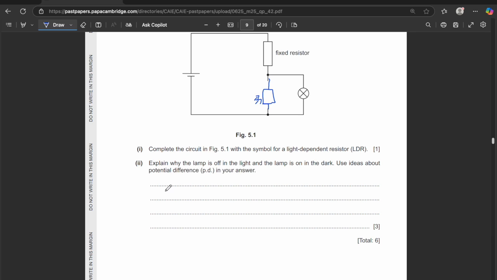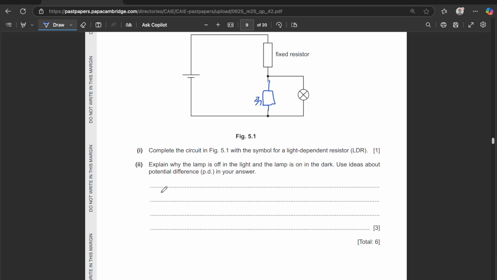Explain why the lamp is off in the light and on in the dark. Use ideas about potential difference in your answer. So when the light is in low intensity, it is dark, then the resistance will increase. So the resistance here will increase, and if resistance increases, it gets a higher proportion of potential difference from the circuit. And the lamp is connected in parallel with the LDR, so it also has a higher proportion of voltage.